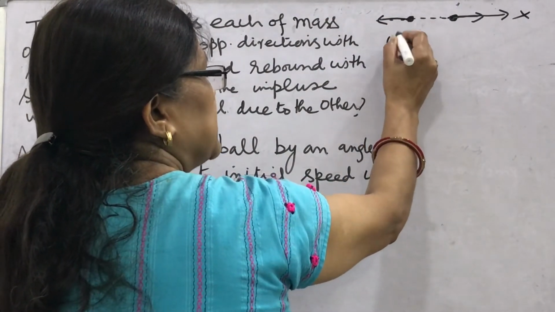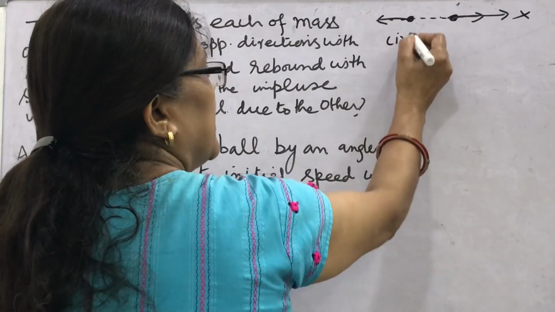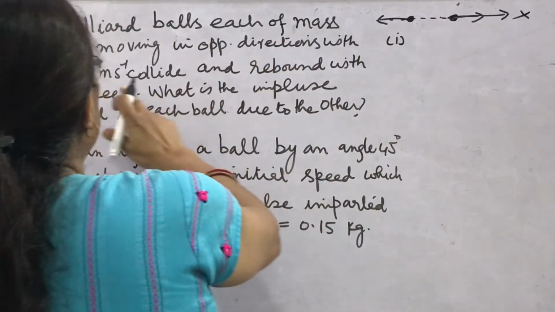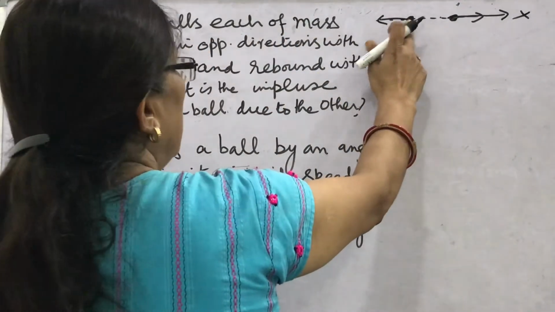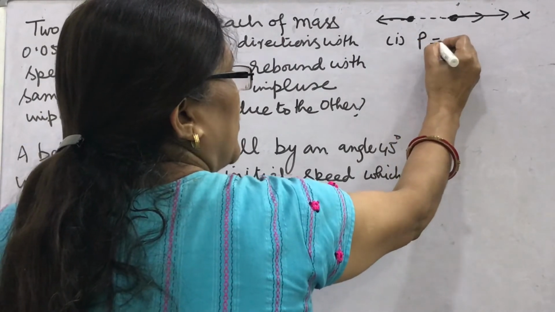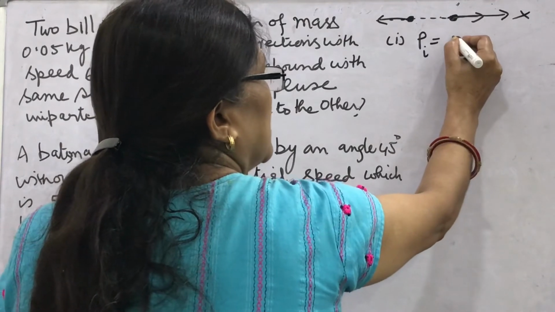In this case, mv, so what will you write here? For this ball, m is 0.05 into v in the negative direction. Then this will be the momentum for this ball.